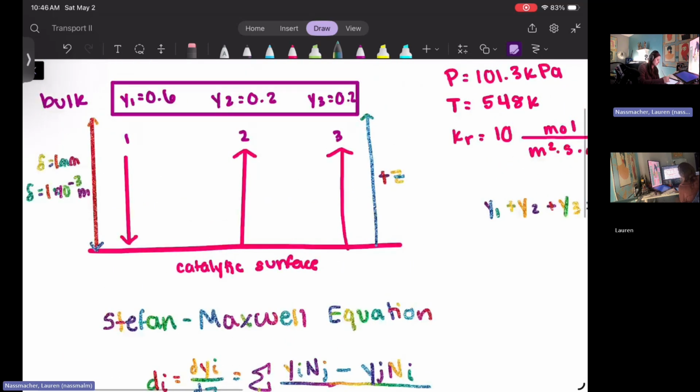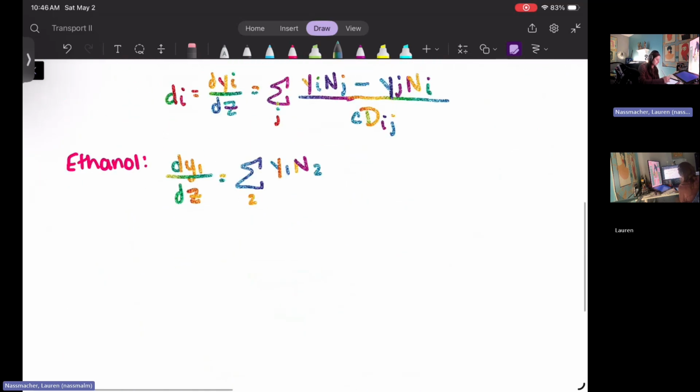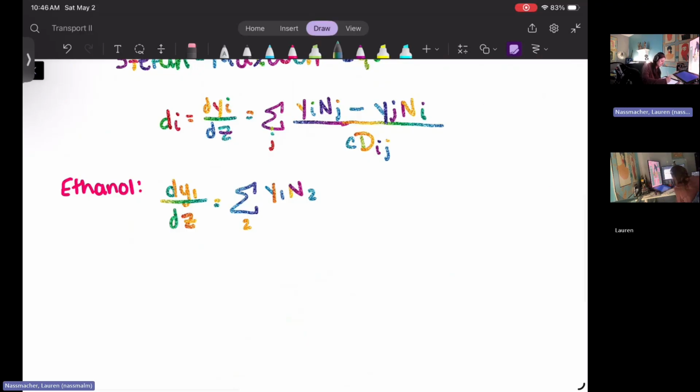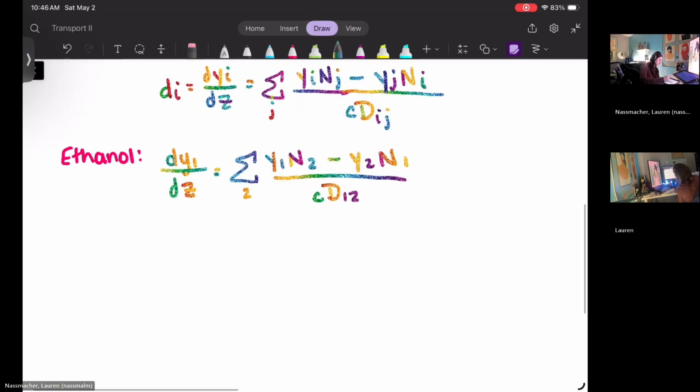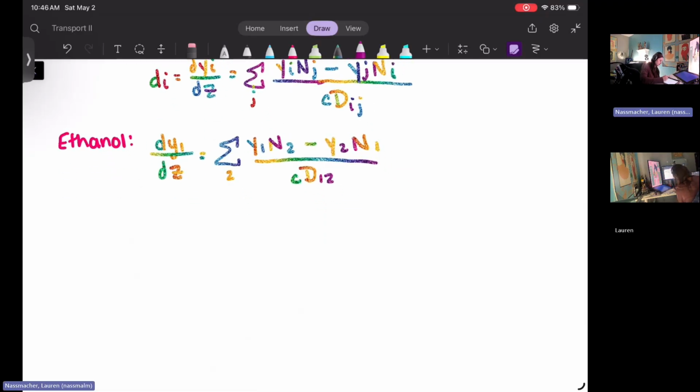And again, 2 is your acetaldehyde and 3 is your hydrogen. Minus mole fraction of 2 multiplied by our molar flux of 1, all over our concentration multiplied by our diffusion coefficient of 1,2. And we can also do our acetaldehyde.